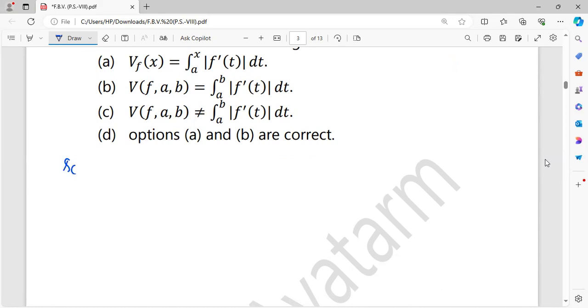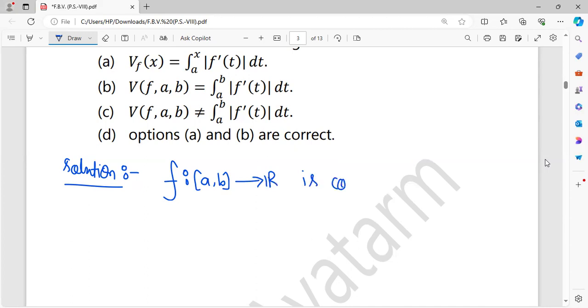Solution. Now, f from the closed interval [a, b] to R is continuously differentiable.